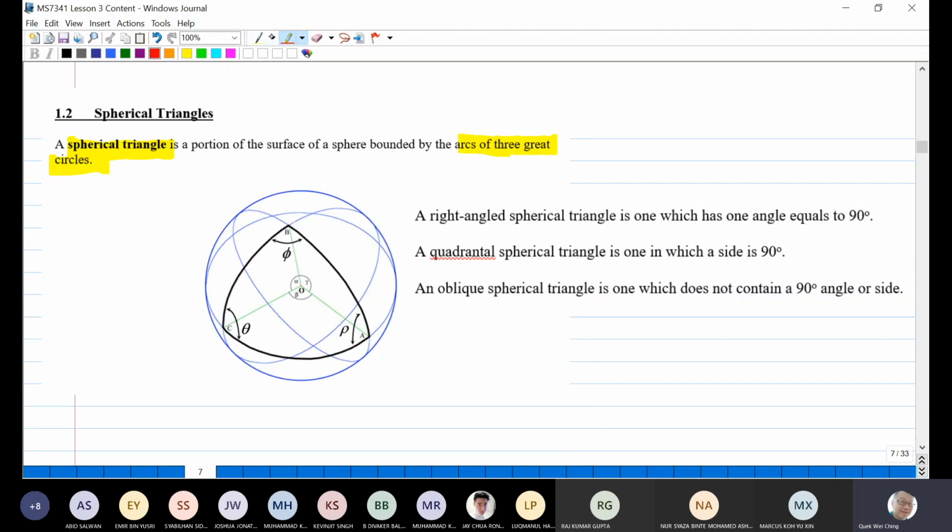Let me draw for you. So this is one great circle.